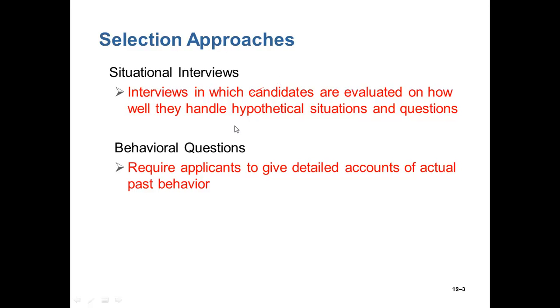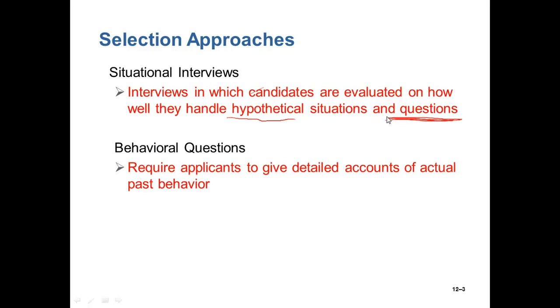Situational interviews throw out hypothetical questions to potential employees, to interviewees. For example, you see two people in a conflict. How would you mediate it? That is a hypothetical question, and you probably get a lot of different answers.